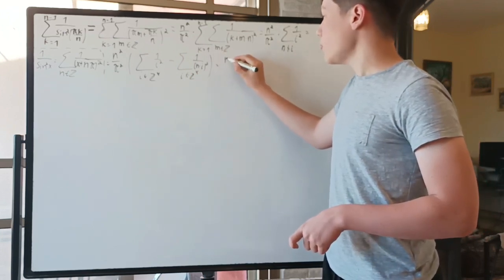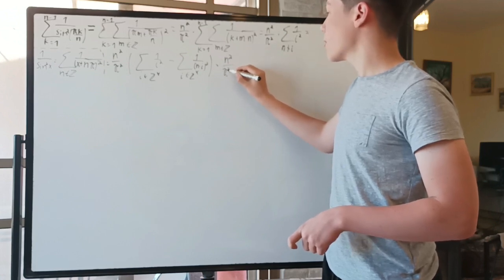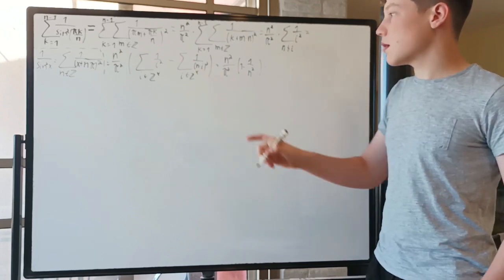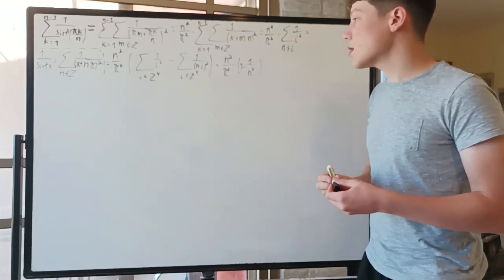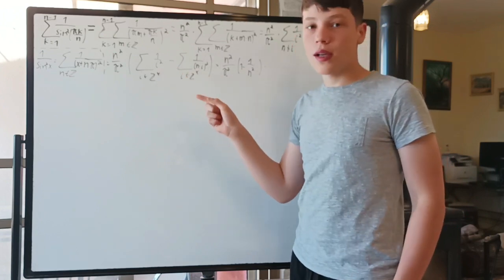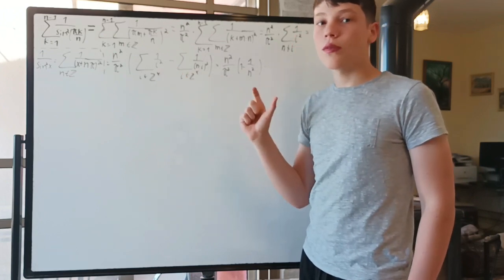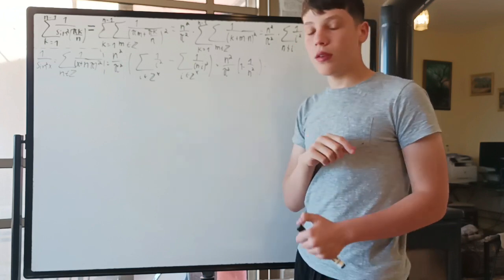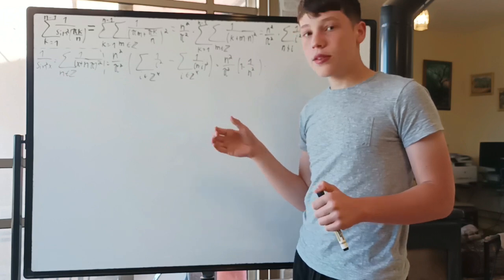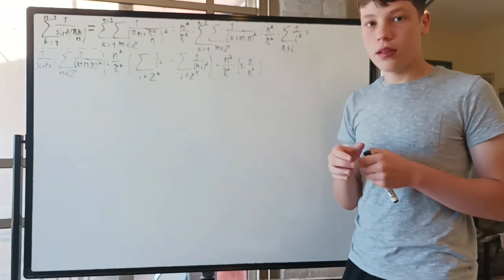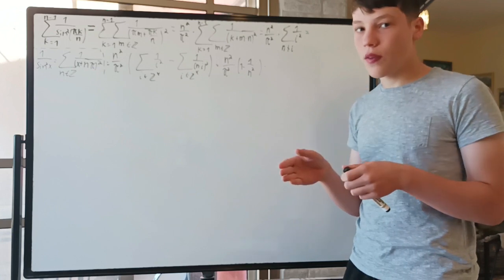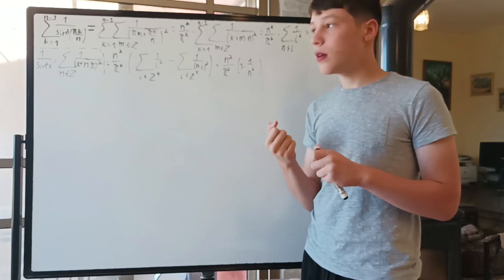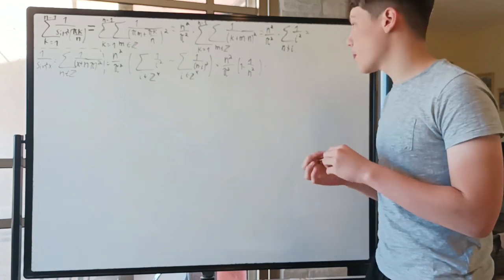So we have n squared over pi squared times 1 minus 1 over n squared times this sum. But we'll notice that this 1 over i squared is equal to 1 over negative i squared. So instead of summing over all the non-zero integers, we can combine the same terms, which are i and negative i, and get the sum over i, a natural number, of 2 over i squared.